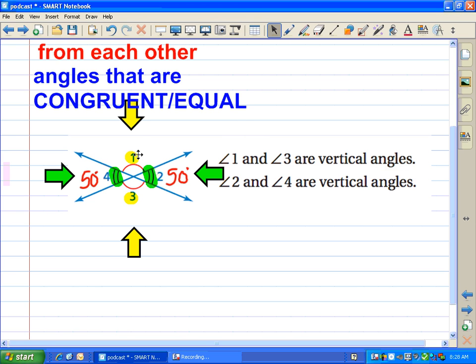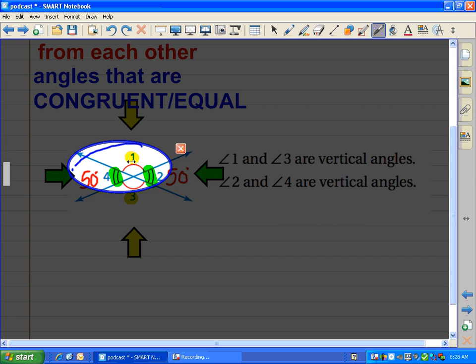Now, if I ask you to find angle 1 and angle 3, you should be able to tell me, Mr. Phillips, straight line. Mr. Phillips, remember from earlier in the podcast that a straight line always has 180 degrees. So these two values, angle 1 and angle 4, have to make a straight line.